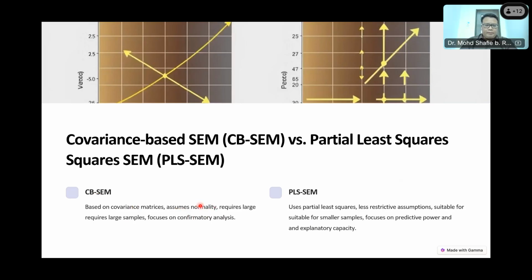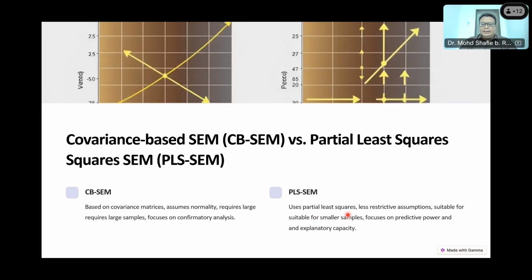So be careful with that. This is a major issue when researchers submit their article. Okay, for partial least squares SEM, it uses partial least squares.